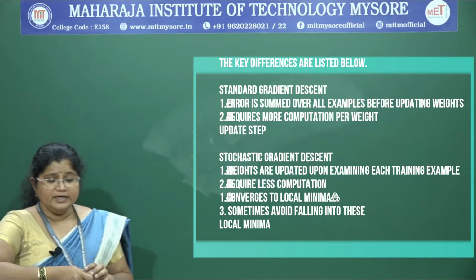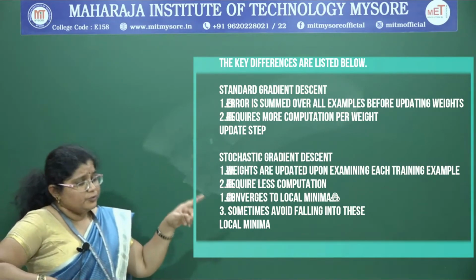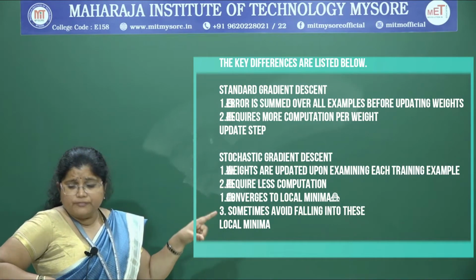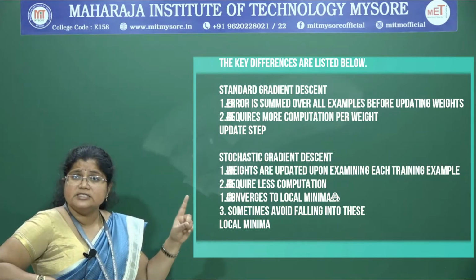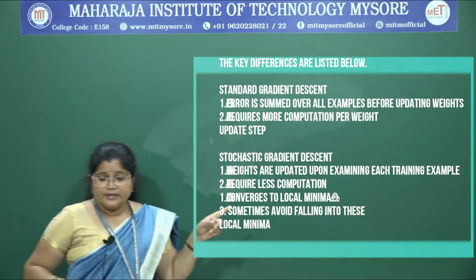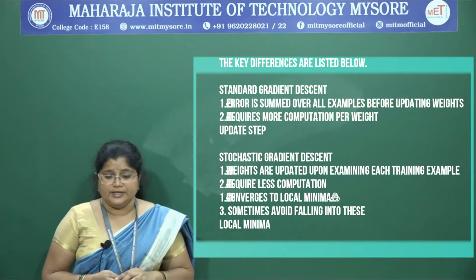That is the second point: true gradient descent often requires a larger step size per weight update than stochastic gradient descent.